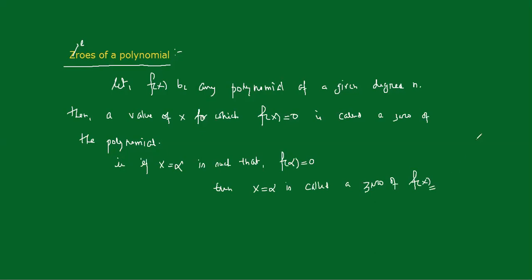Is called a zero of f(x). Please note it down. Now I'll take examples so that I can explain it to you better.